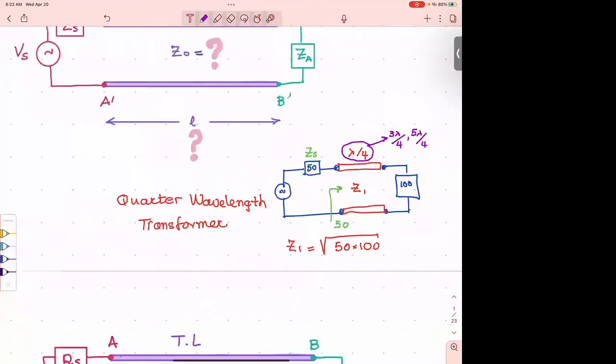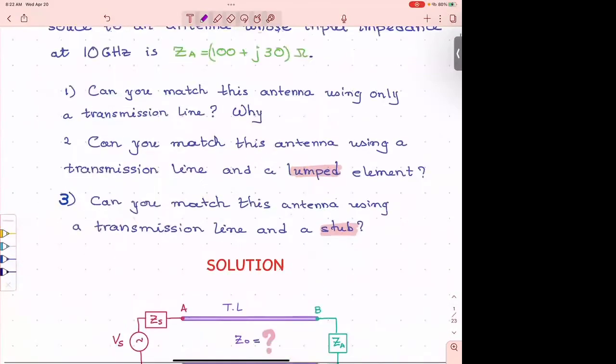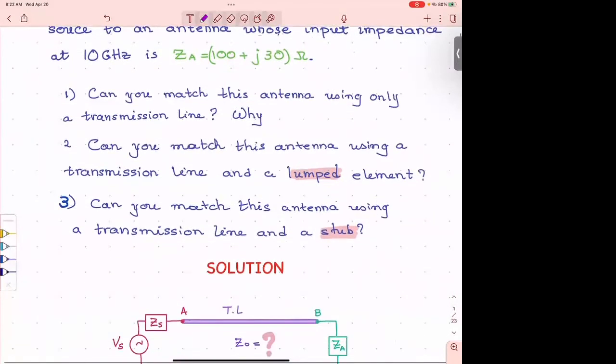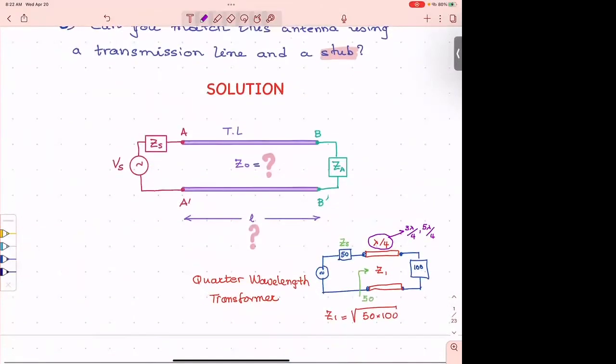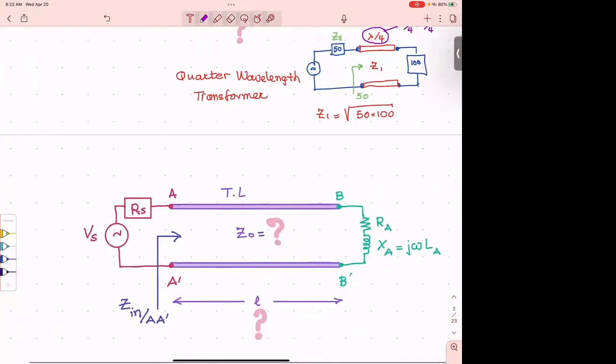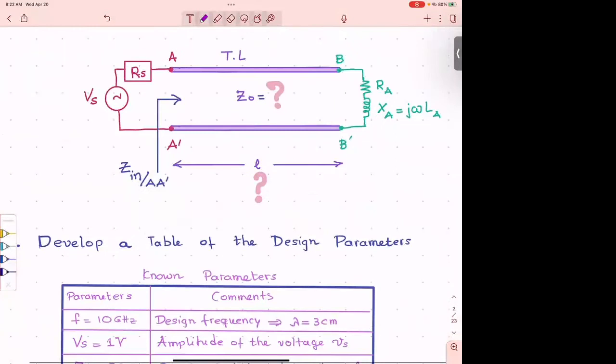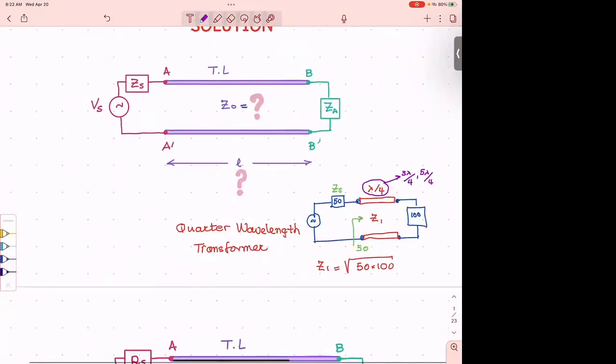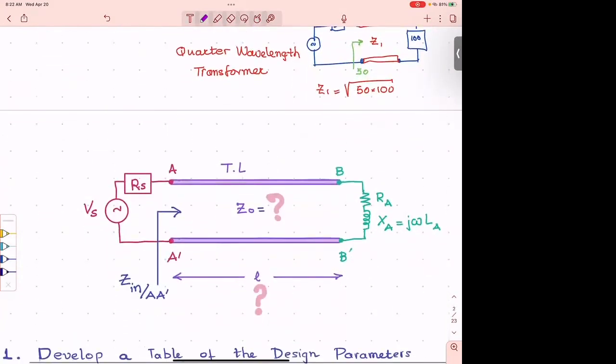All right, so the first question that we have is, can you match this antenna using only a transmission line? But before we go there, you remember what I told you to do? I did this here as an example, but you set it up first. You always need to remember that this is resistive, and then you have a resistive and a reactive part.